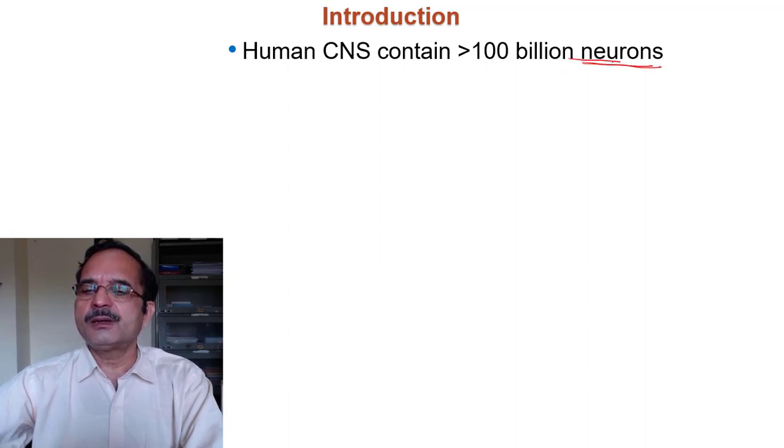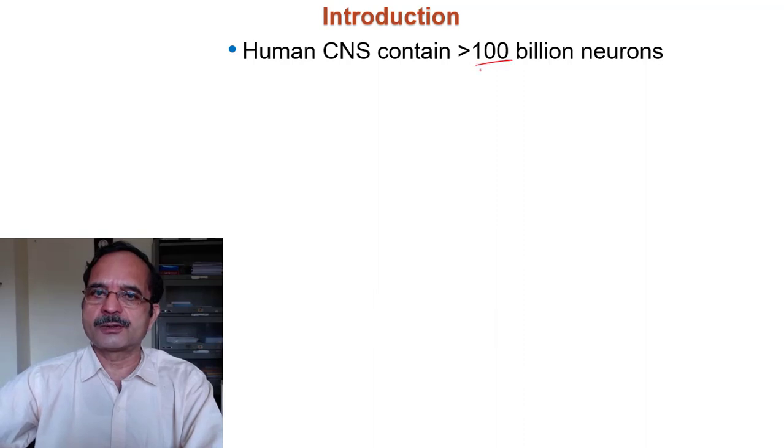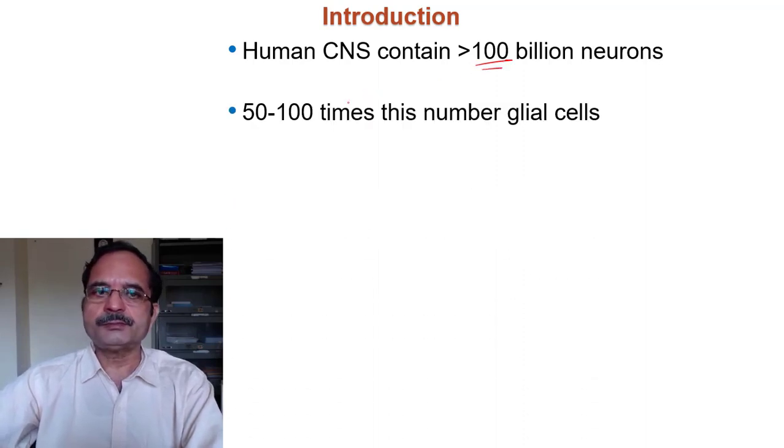Our complete nervous system is made up of cells called neurons. In our central nervous system there are more than 100 billion neurons, which are 50 to 100 times the number of glial cells. These glial cells are again a different type of cell available in our nervous system.